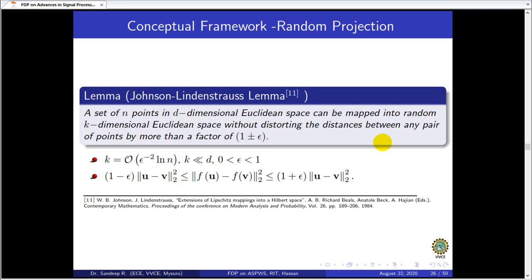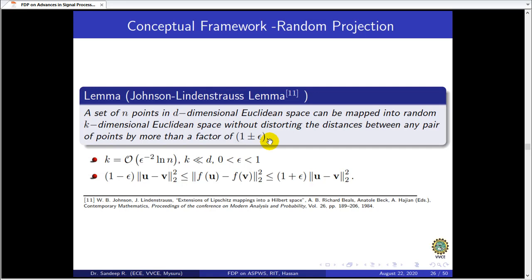Suppose I have a set of n points in d-dimensional Euclidean space, which is a high dimensional space. So I am considering n points in d-dimensional Euclidean space. Now as per this lemma, the same n points can be mapped onto k-dimensional Euclidean space, which is a lower dimensional space, without distorting the distances between any pair of points by more than 1 plus or minus epsilon.